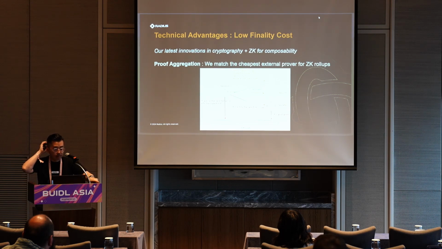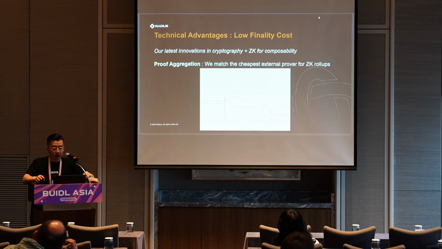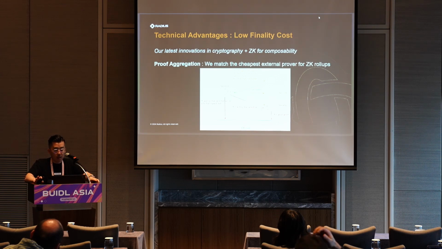And the other one is that we make sure the sequencer can find the cheapest way to generate the ZKP, which means that we are building a competitive ZK proof auction with multiple ZK proof markets. So if rollups want to find the cheapest way to generate ZKP, we can start a proof auction.